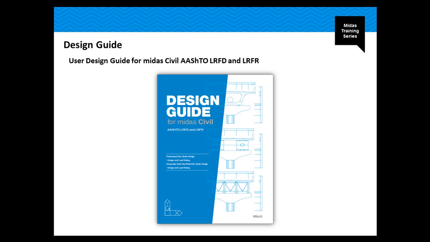So here in this design guide, you can see all the equations and all the considerations that are used in the program to perform the load rating for pre-stressed concrete and for steel bridges. It is available for all of our users, and there you can check the AASHTO clauses, the equations used, the considerations, and the definition of each one of the parameters that the program used to perform the rating.